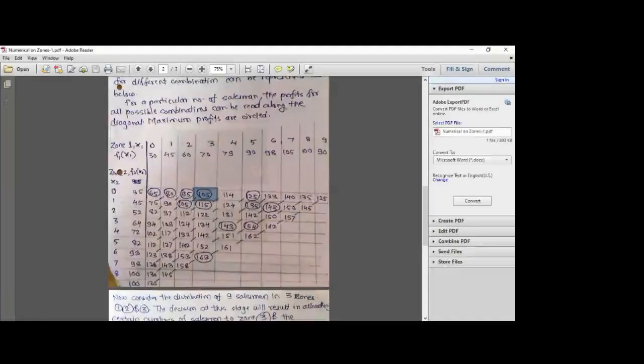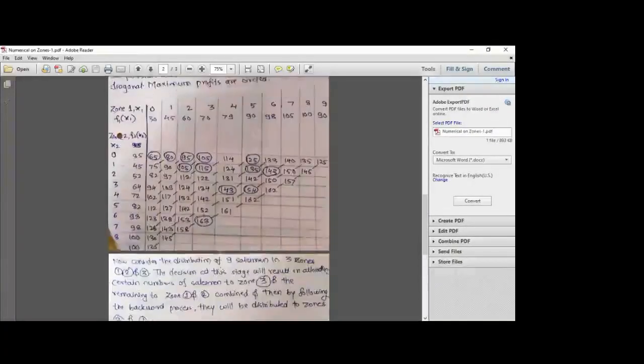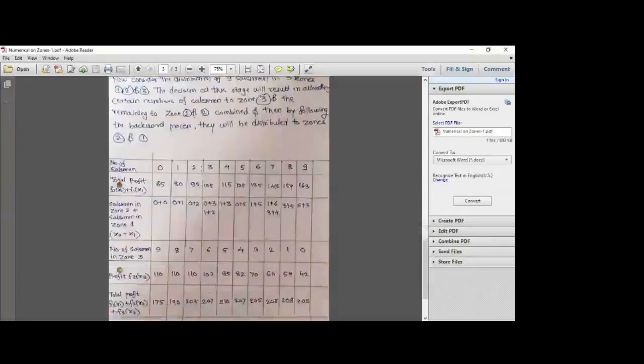So the first 105 came for 0 plus 3, that I have written here. But there is one more value of 105 for the same variable, and this came across for 1 plus 2, so we are also going to write this as 1 plus 2.